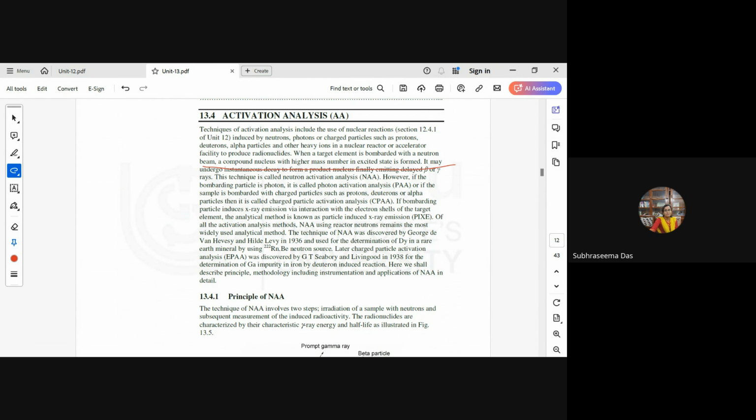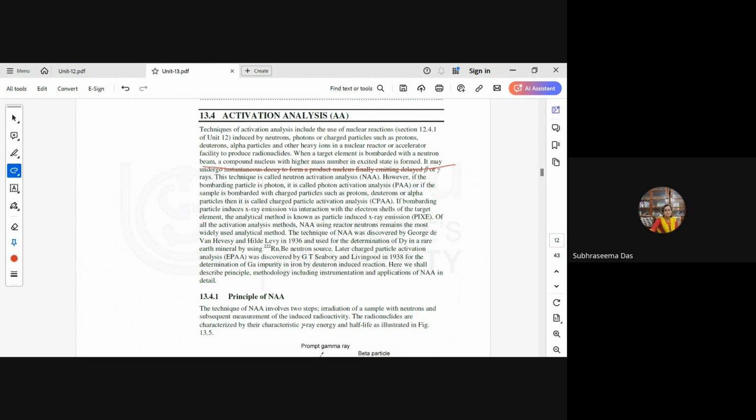However, when we bombard a target nucleus with a photon, it is called PAA, that is photon activation analysis. And if we bombard the target nucleus with a charged particle, such as protons, neutrons, or alpha particles, then it is called CPAA, that is charged particle activation analysis.